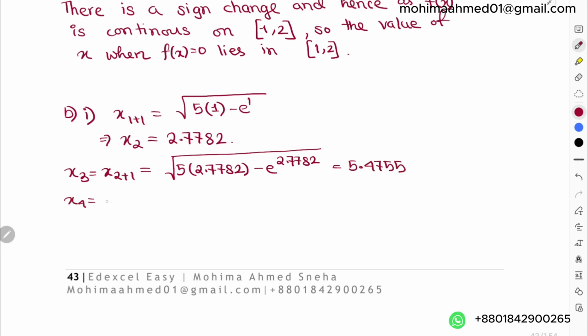Then again for x4, 5 plus e to the power of 5.4755, and again do the repetition.